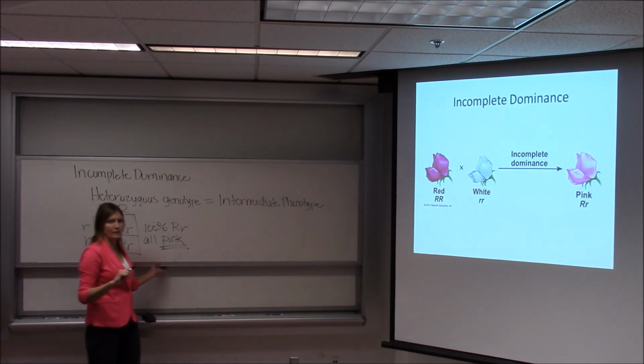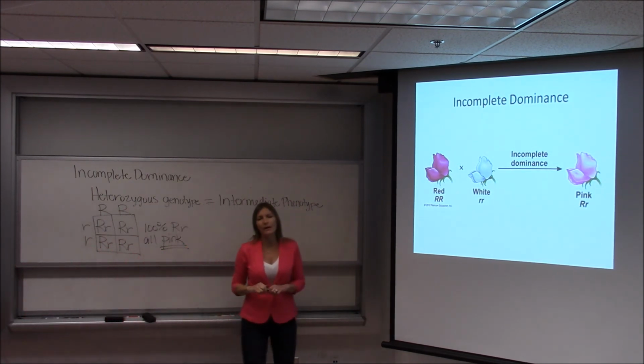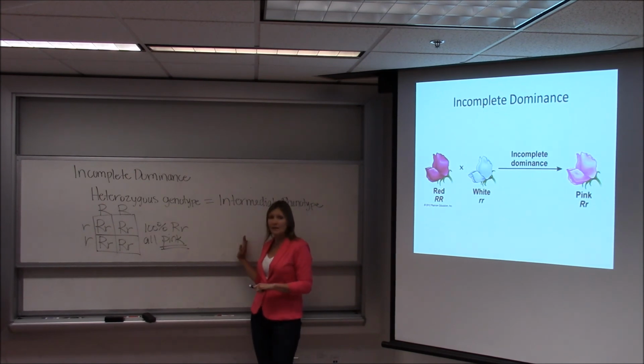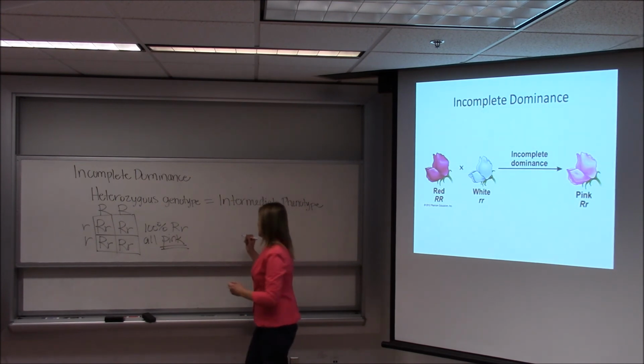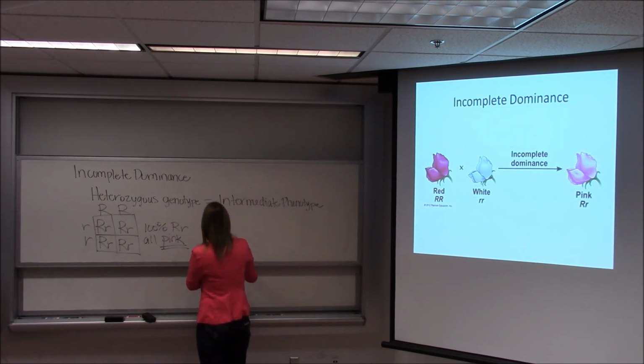In humans, we have a situation with cholesterol receptors that follows this pattern of inheritance. LDL and HDL cholesterol. If you remember receptor-mediated endocytosis, it was a situation where you have receptors on the plasma membrane that if certain molecules bind, they'll be brought into the cell and processed.